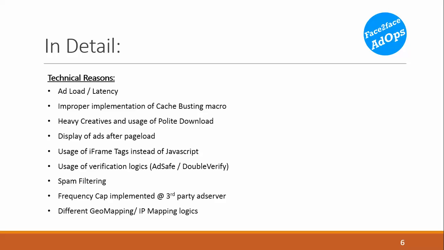So in order to counteract that, there is a logic called polite download. In polite download, whenever an ad starts loading, a small part of the banner loads first. Let's say if it's a 5 MB unit, then 1 MB or 500 KB loads first.